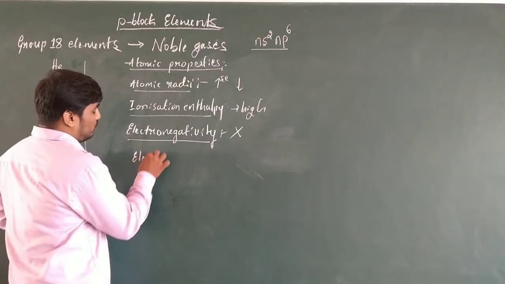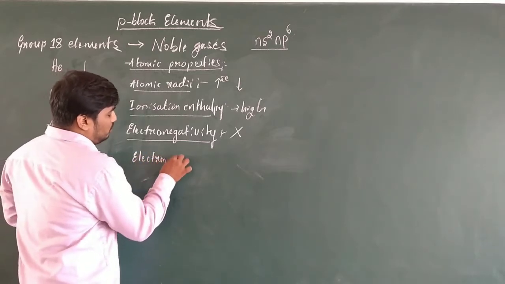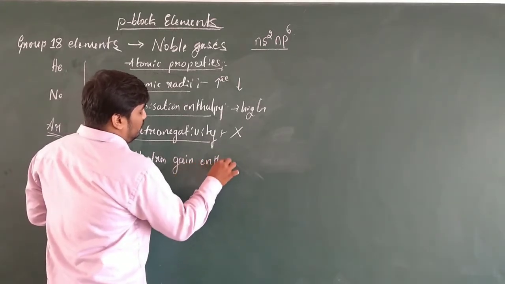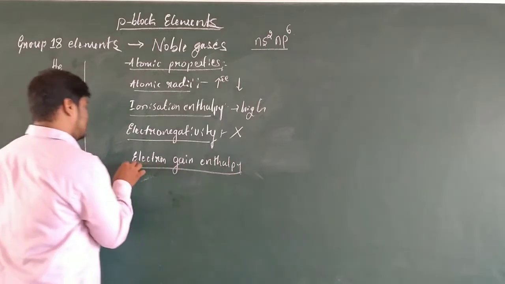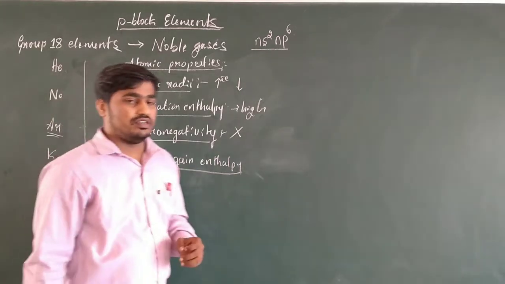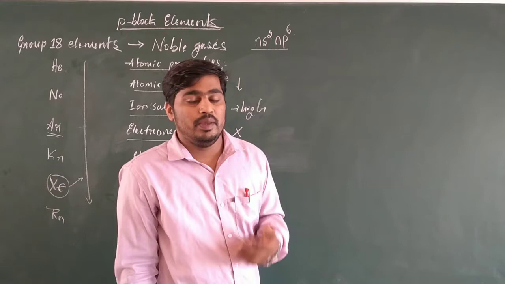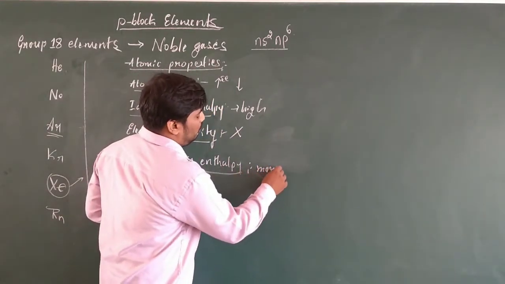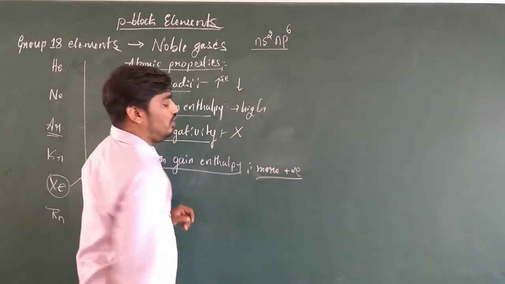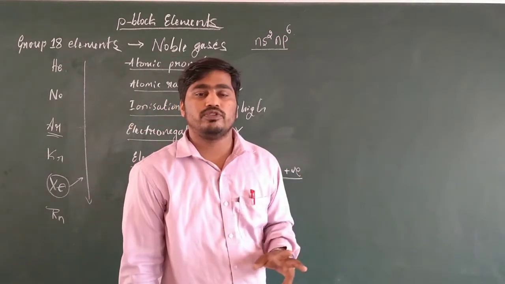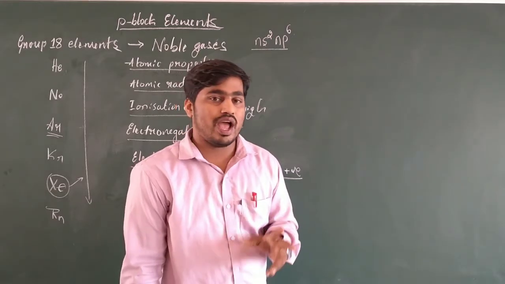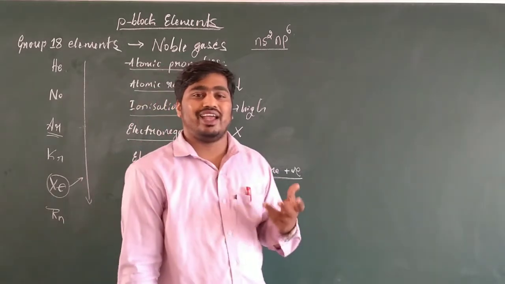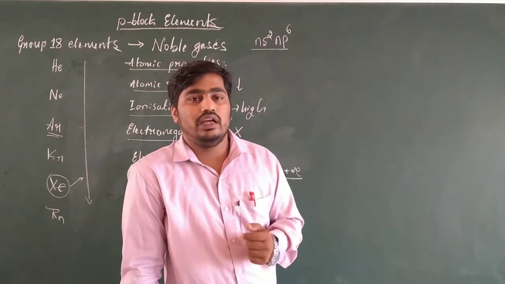Next, electron gain enthalpy. What about the electron gain enthalpy of these elements? Yes, they show electron gain enthalpy, but it is more positive. That means there is no affinity towards electrons, or they do not show any tendency of taking an electron.